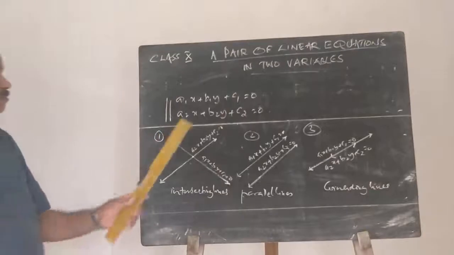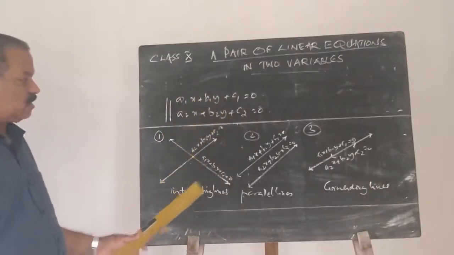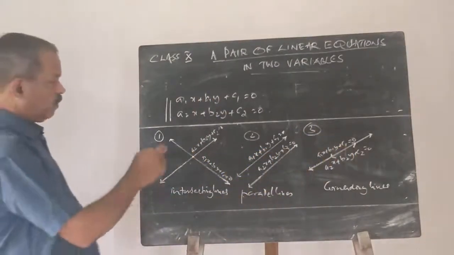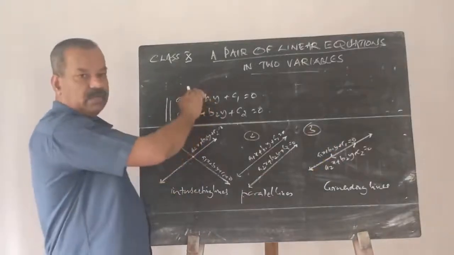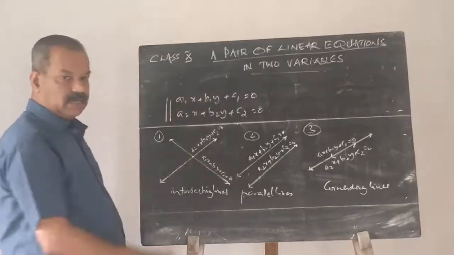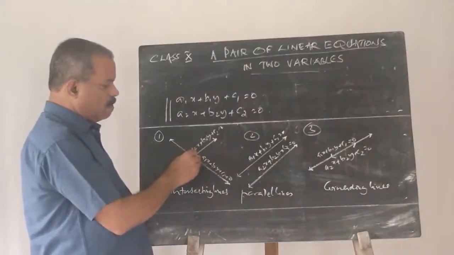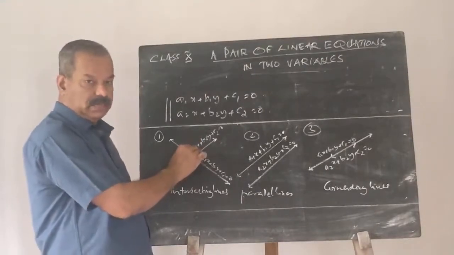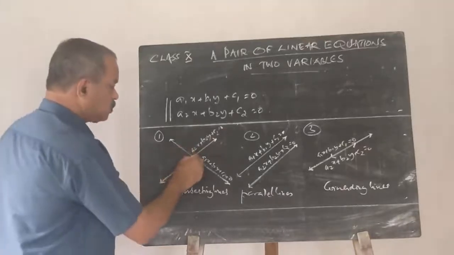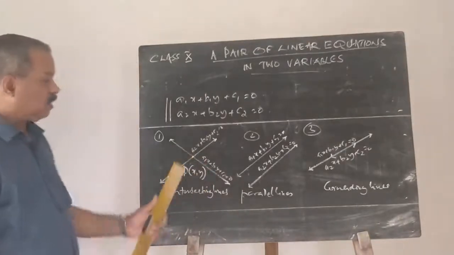The graph of a pair of linear equations may be either intersecting lines or parallel lines or coinciding lines. When the graph of a pair of linear equations in two variables is intersecting lines, then they have a common point, the intersecting point, and this has two values, x and y.